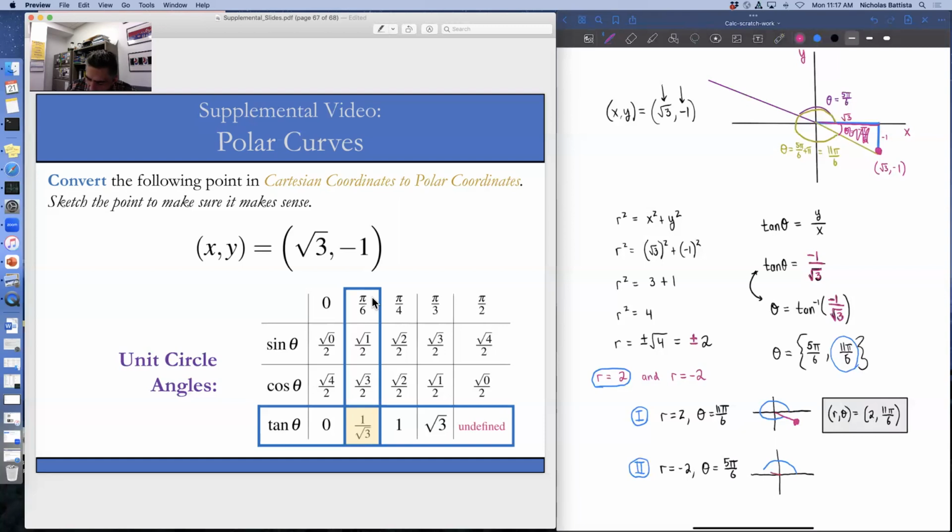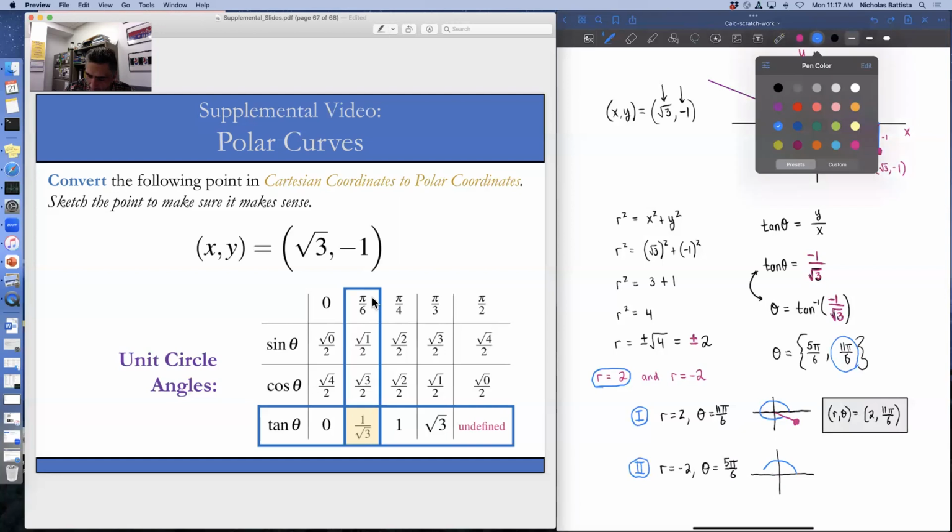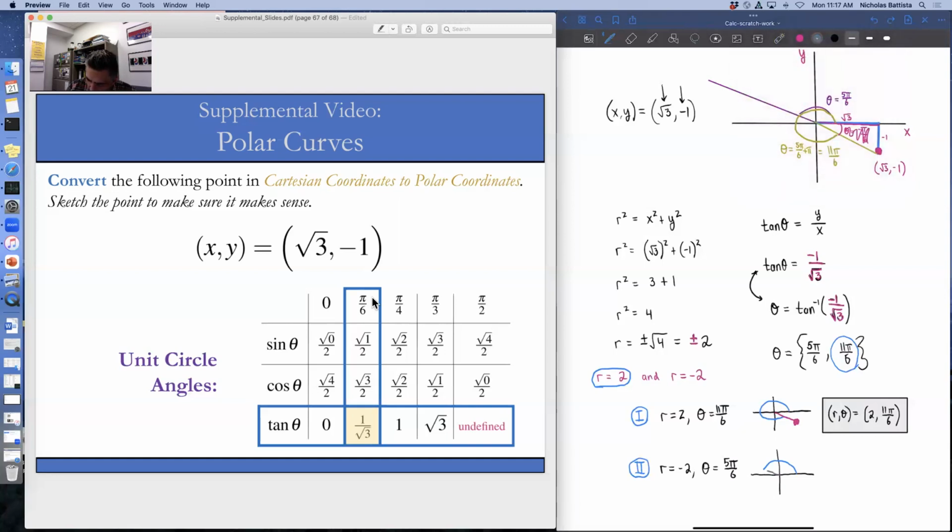However, instead of r being positive and moving out in that direction like we normally would, r is actually negative. So instead of moving out in that direction, since r is negative, we actually move in the opposite direction at a distance of 2, like we've discussed before.